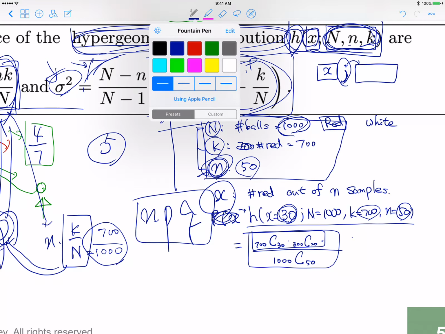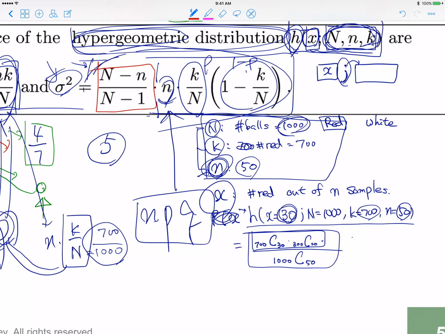And let me change the color. Here in this case, as I mentioned, we assume that small n, which is our actual sample size, is much smaller than the total number of balls that we have in our basket. That's when binomial and hypergeometric are the same. In this specific case, the numerator can be approximately viewed as just N, because small n is really small.